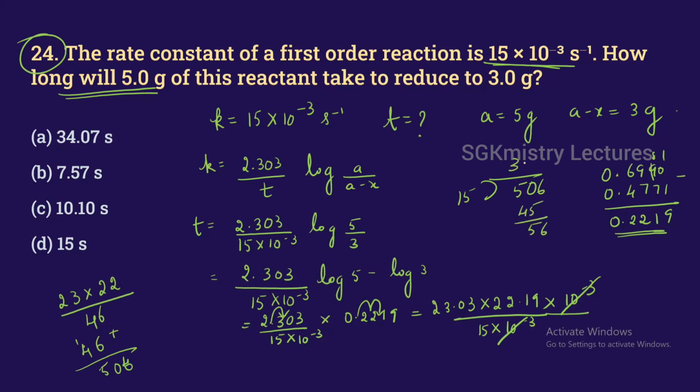So this is almost equal to 34. 15 fours are 60, but almost you get 33 or 34. All other options do not come around 30 at all. So by looking at the options itself, you can identify the right answer. Instead of going into detailed point-wise calculations and multiplication, just do the approximation and find out the answer.